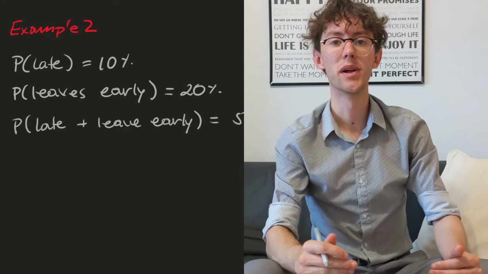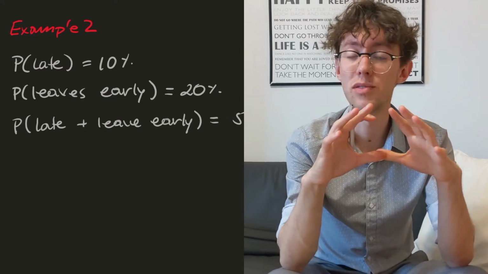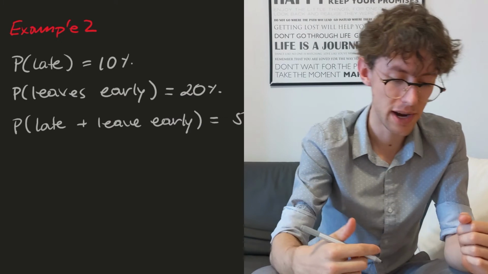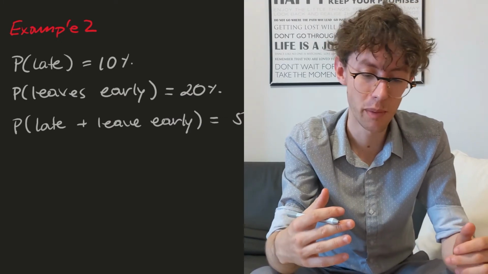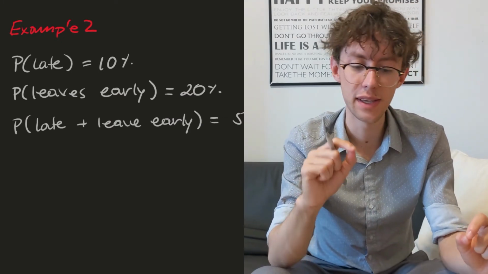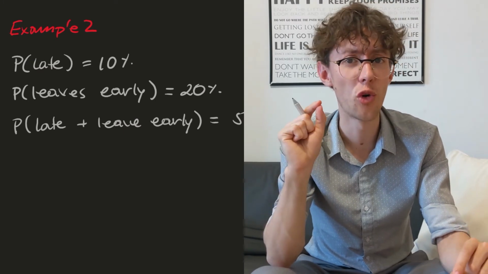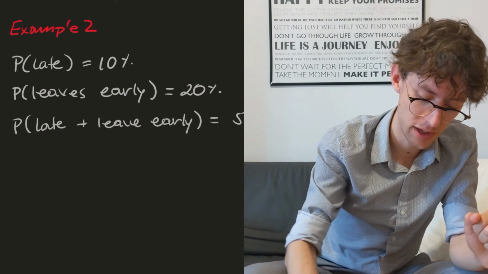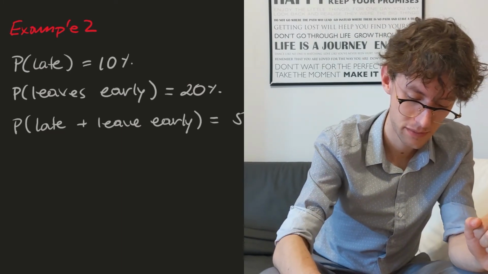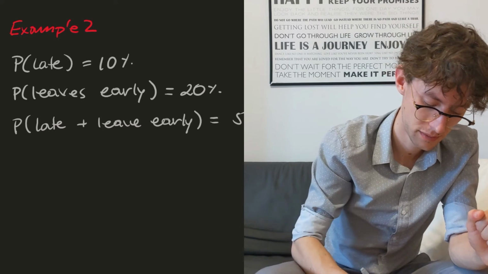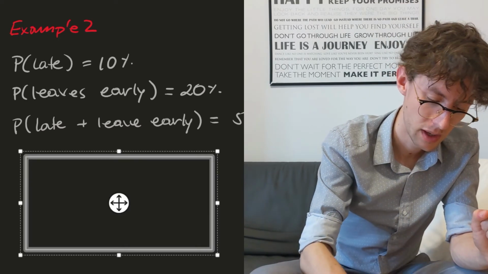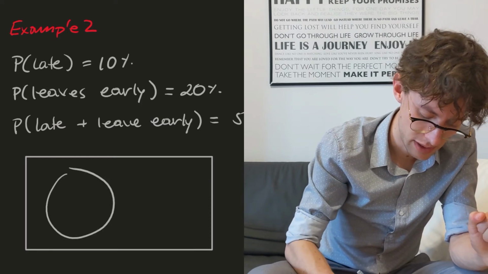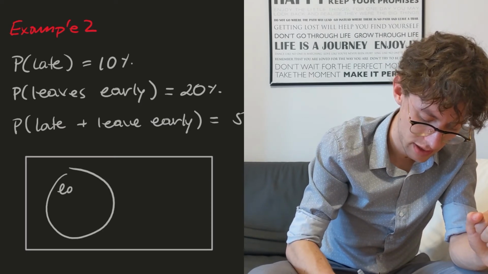If we have this model, we have to be able now to put that in Venn diagrams to know how to play with these numbers. The question that I have here is, what is the probability that he either arrives late or leaves early, or both? So let's draw a Venn diagram here. And let's have this event here, where it's him arriving late.